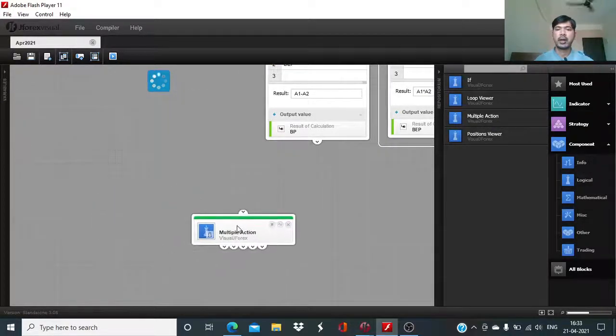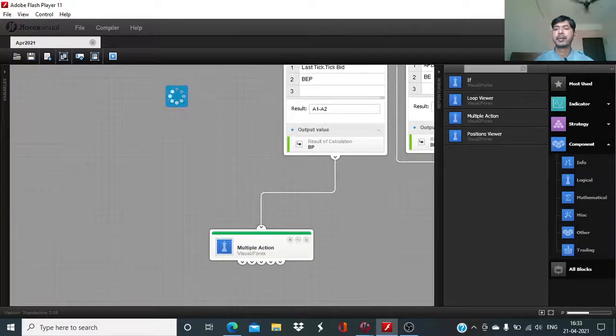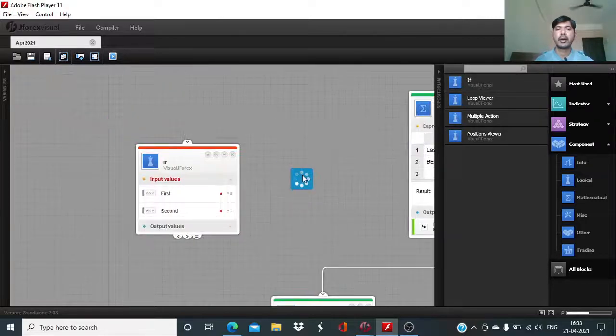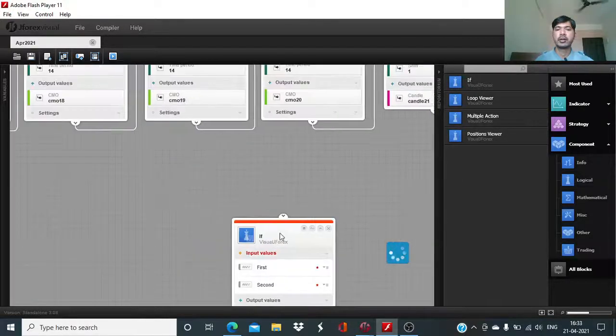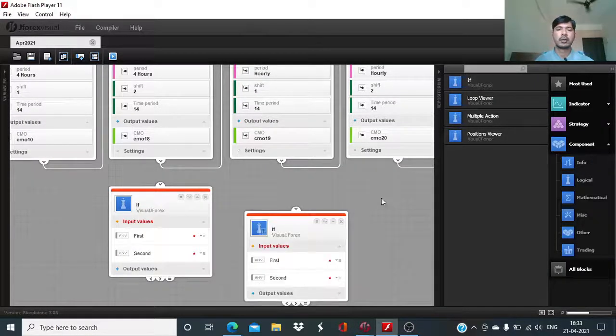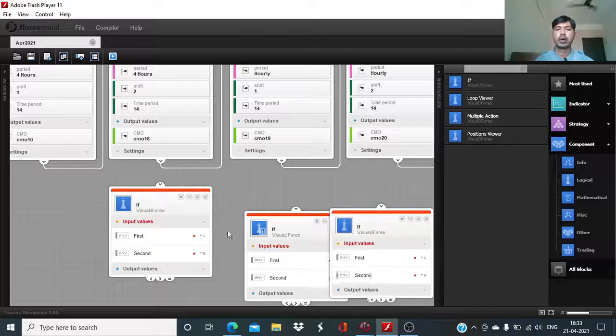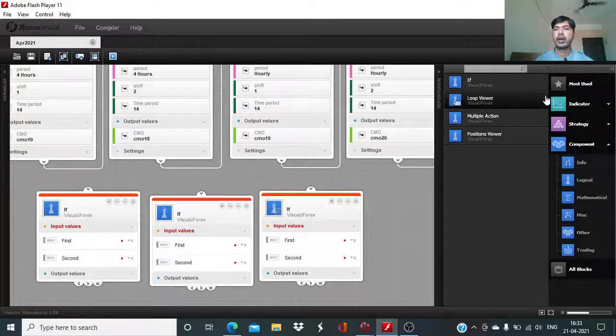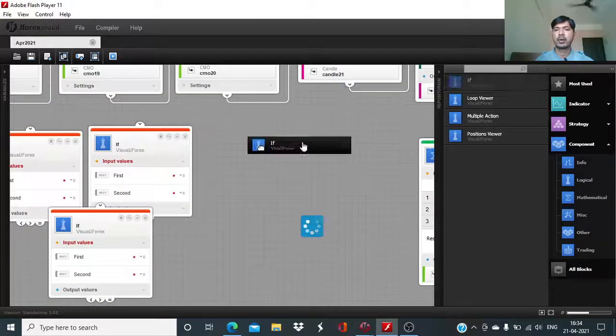For the time being I will join it here, and let us start defining the conditions which need to be in place for the execution of the buy order using the CMO indicator. I will take a couple of if blocks straight away.